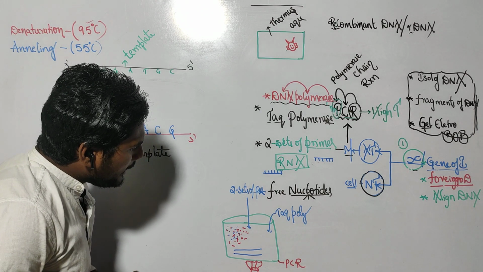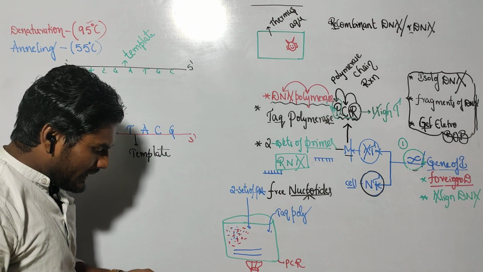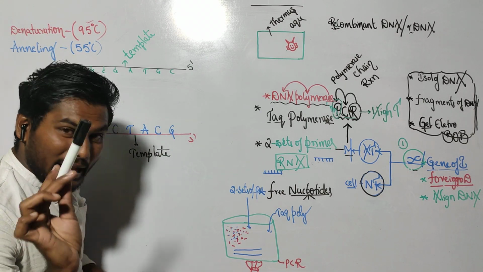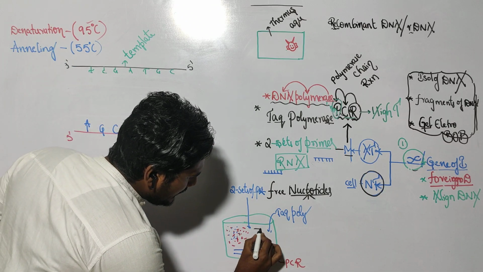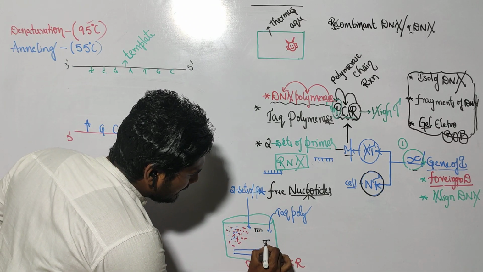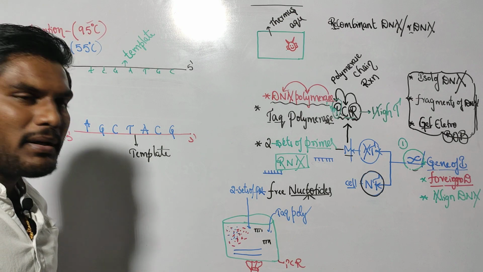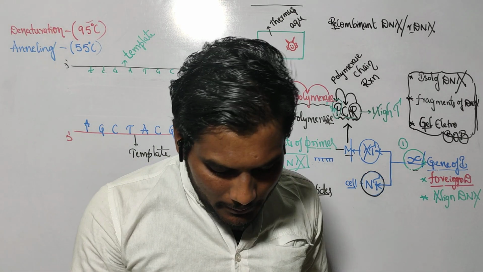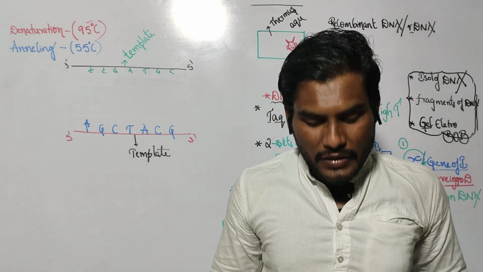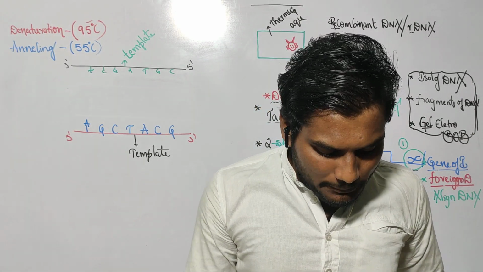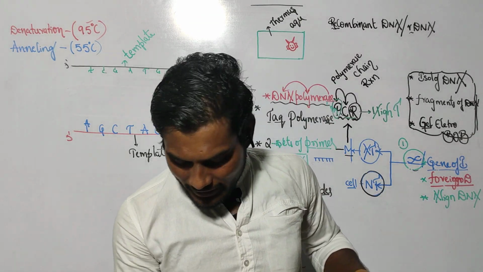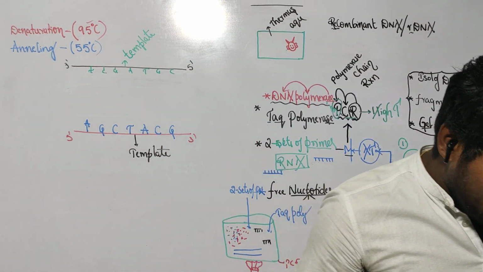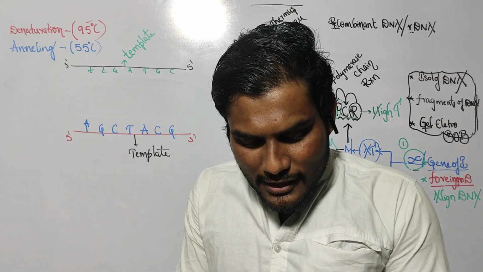There are two sets of primer. Let me represent the primers with black. This is primer number 1 and this is primer number 2. Two primers are there. Where will these primers go? Where are these primers moving?